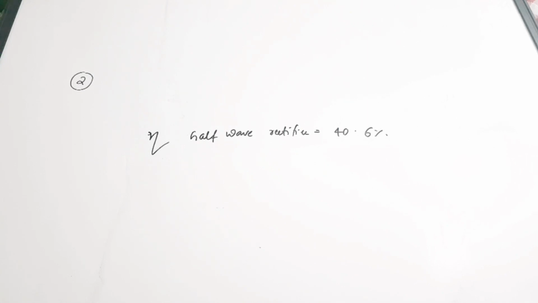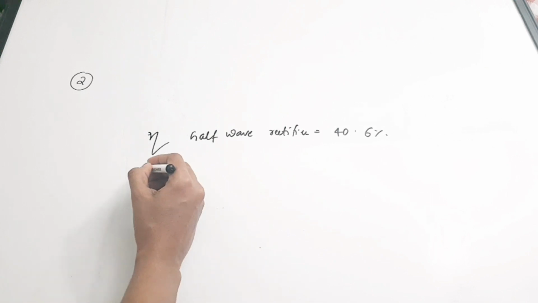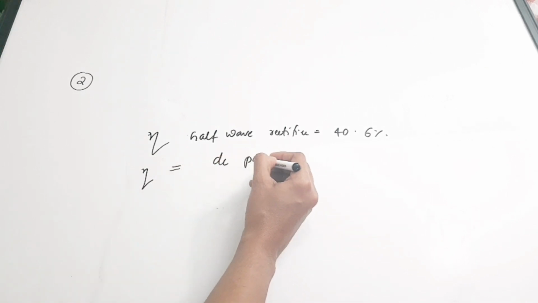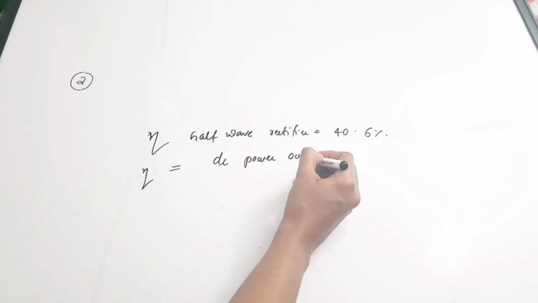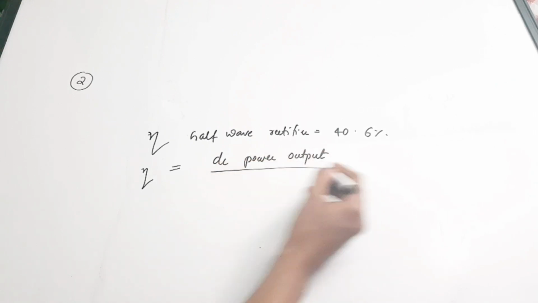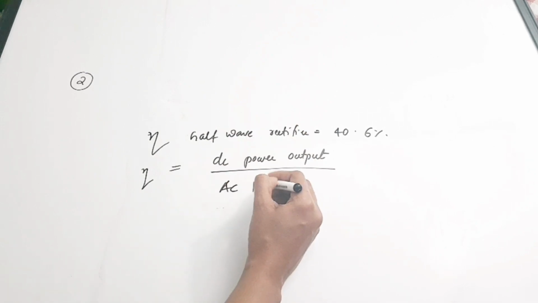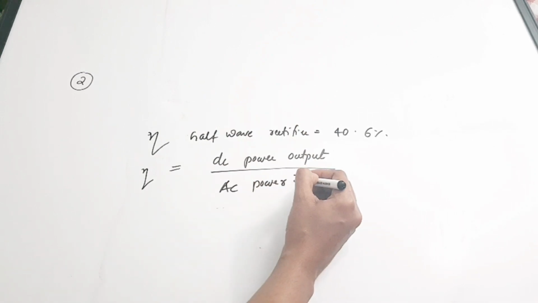We know that in rectifiers, the basic process happening is that AC is converted to DC, right? So the efficiency you can write is eta equal to the DC power output, how much DC power we are getting, by the AC power input.